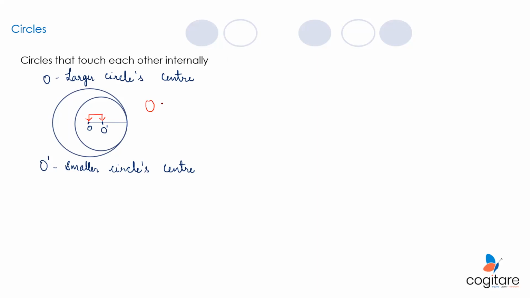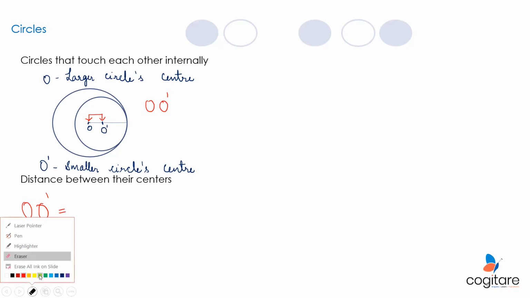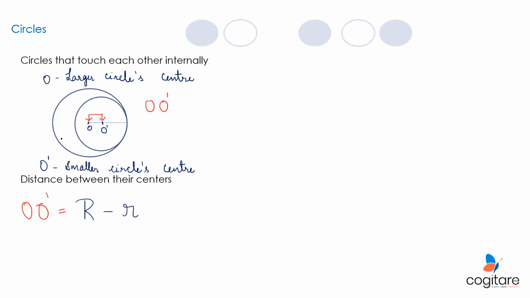OO dash is the distance between the centers, and that is equal to the measure of the radius of the larger circle minus the radius of the smaller circle, right? So if this is the radius of the larger circle and this is the radius of the smaller circle, when we subtract that, we get the distance between their centers, right?